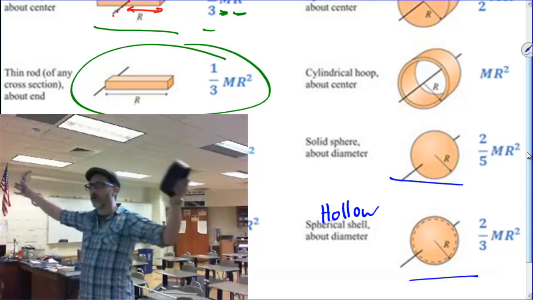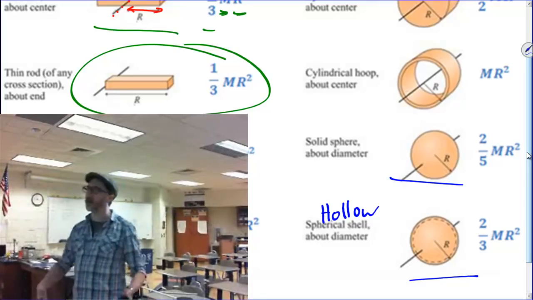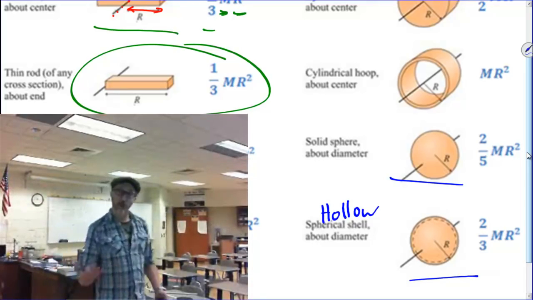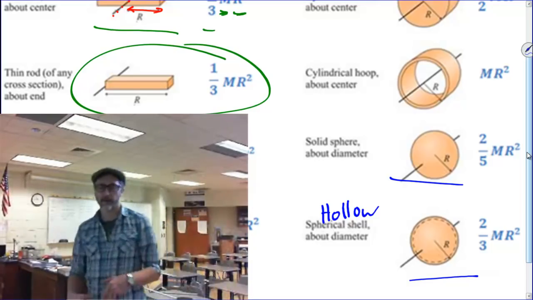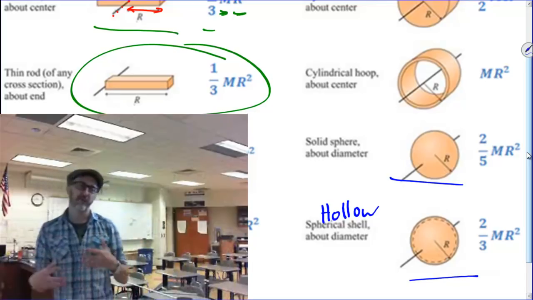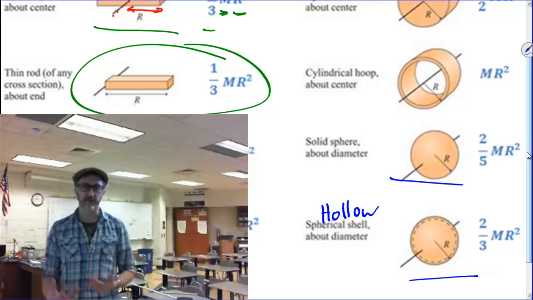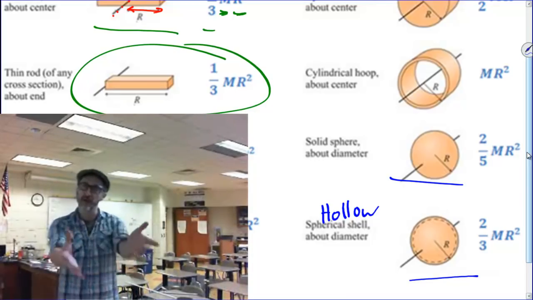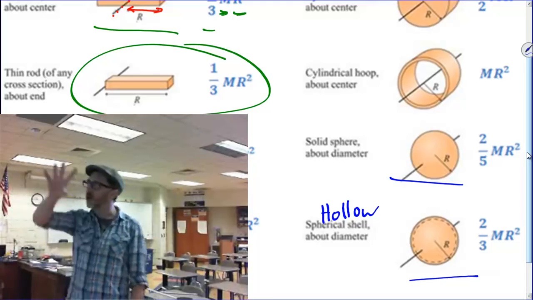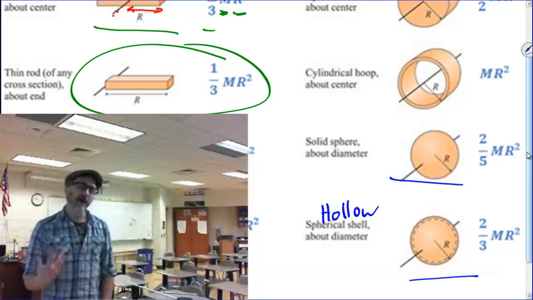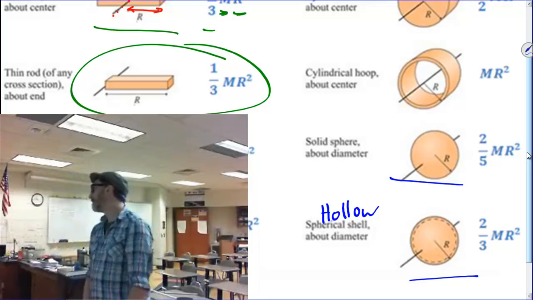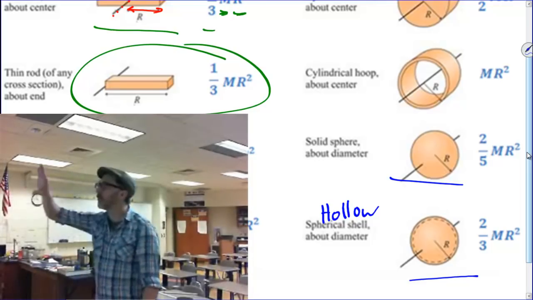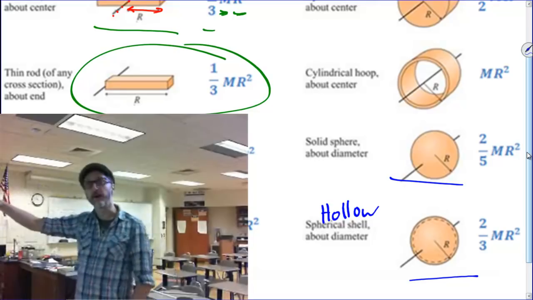Okay, so anyway, there are these different shapes that can be spinning, and these objects have what's called rotational inertia. In the same way that regular inertia, mass, is a measure of how hard it is to change the linear motion of an object, rotational inertia represents how hard it is to change the angular motion of an object. So these will become more relevant once we get to torque.